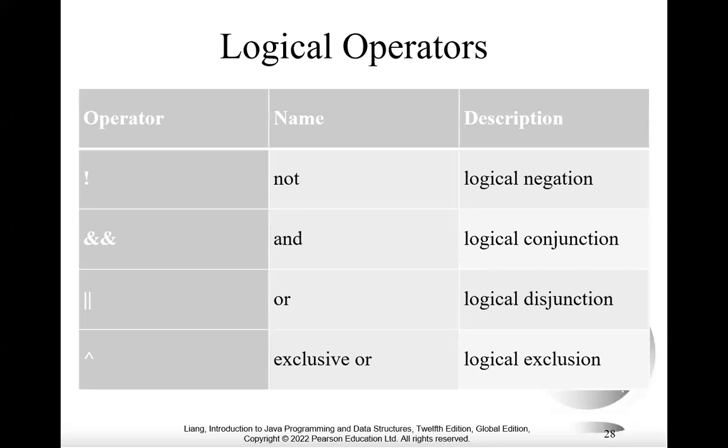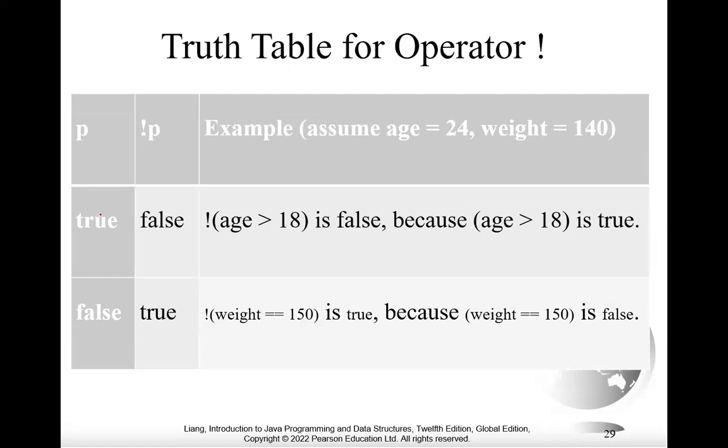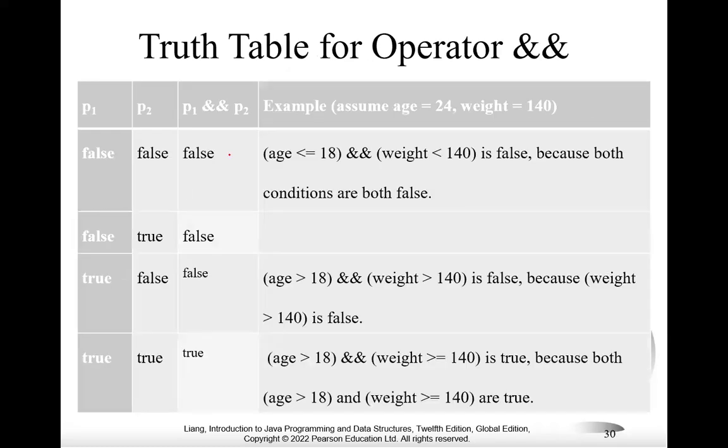Okay, logical operators. We have different logical operators in Java. We have this, which is the logical not. This is the logical and. This is the logical or. And this is the exclusive or. I guess you already saw this in C. The policy is still the same thing for the operators, just exactly what we have in C. The only time two operands provide a true result in logical AND is when both of them are true.